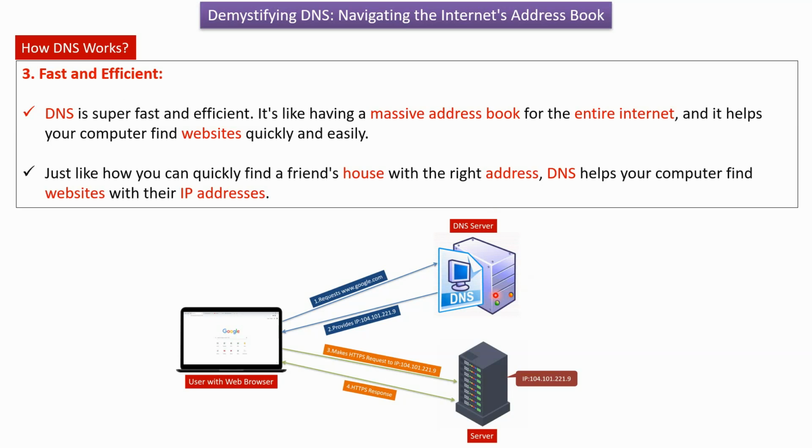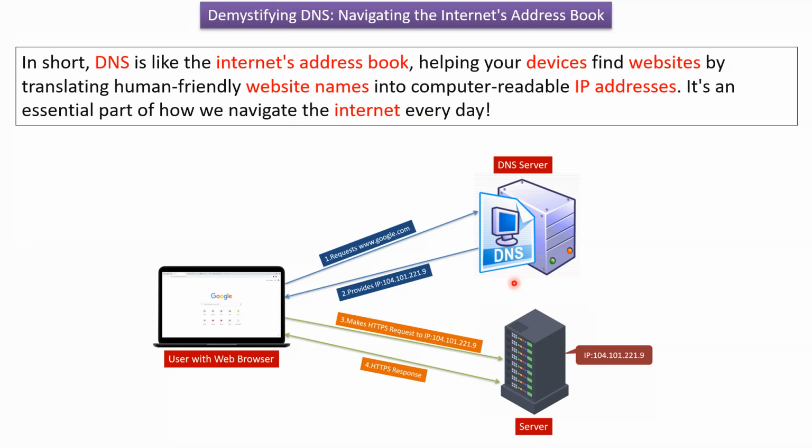DNS helps your computer find websites with their IP addresses. In short, DNS is like the internet's address book, helping your devices find websites by translating human-friendly website names into computer-readable IP addresses. DNS is an essential part of how we navigate the internet every day.